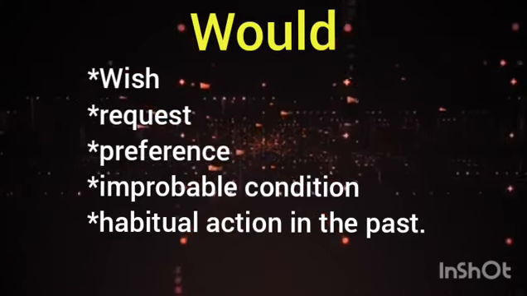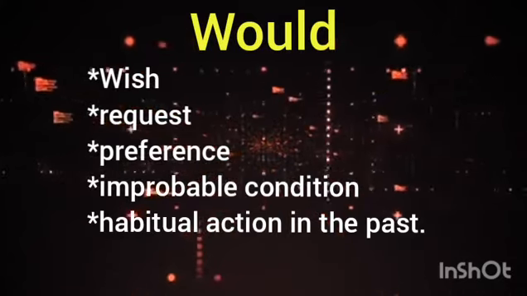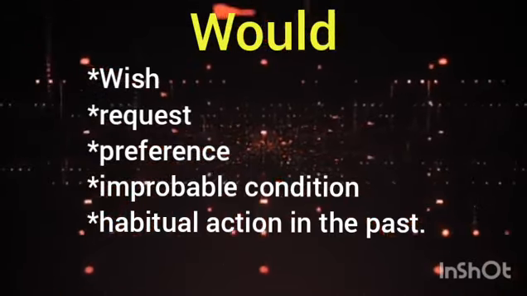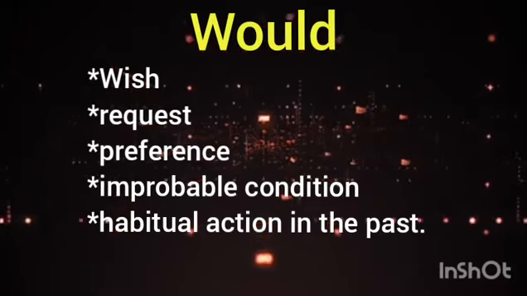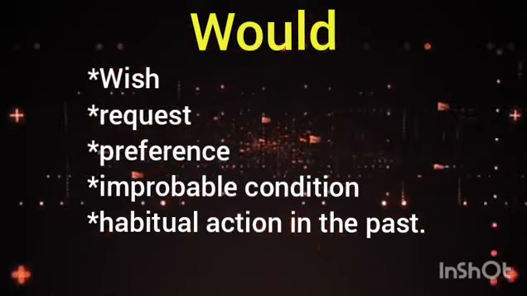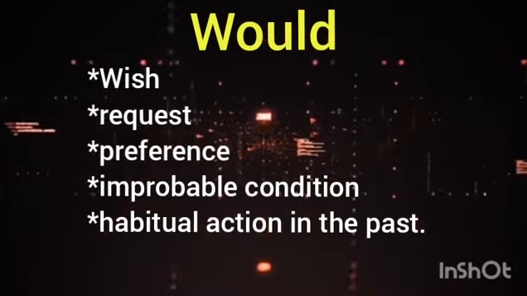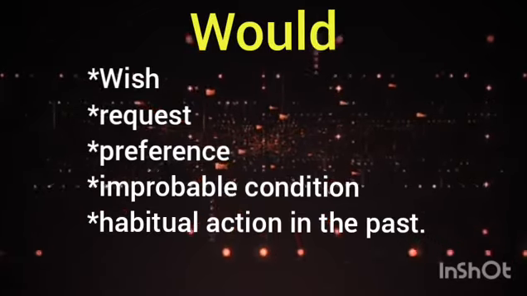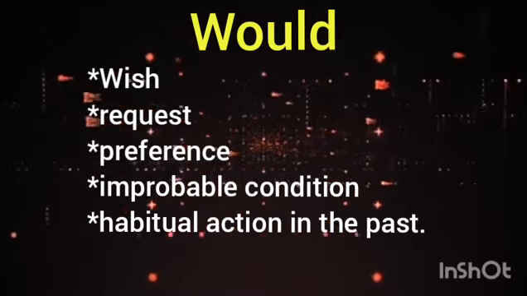The next one, preference: I would rather write than dictate. So you prefer writing to dictating. When there is a preference, you can use would. Next, improbable condition. We will be learning the if class, in which we have probable and improbable conditions.